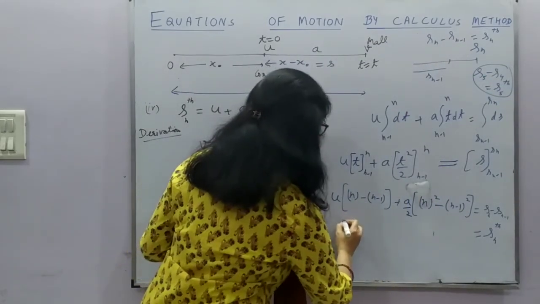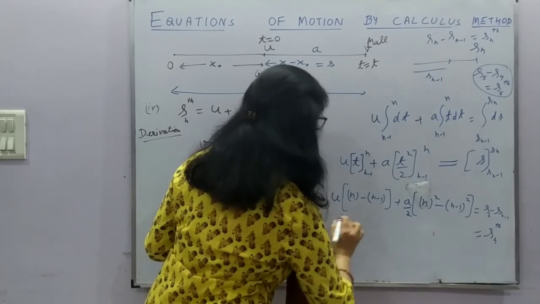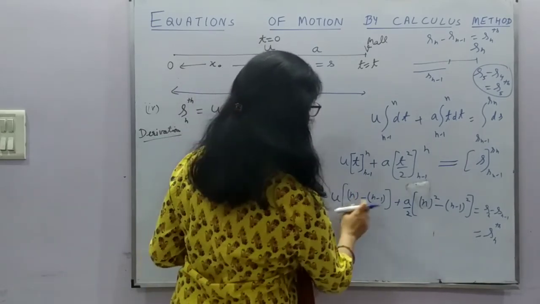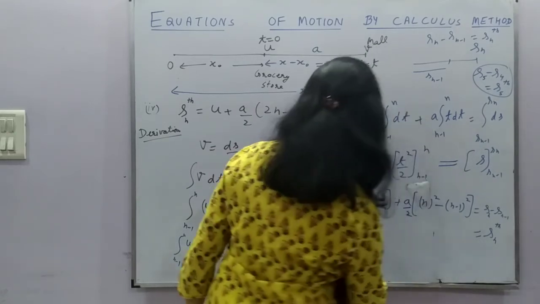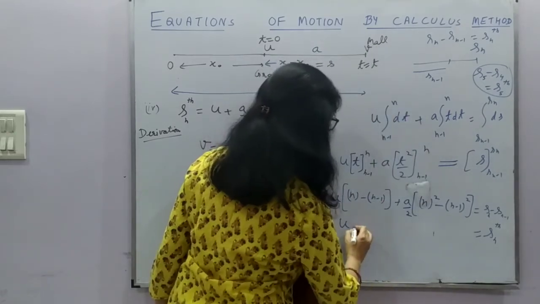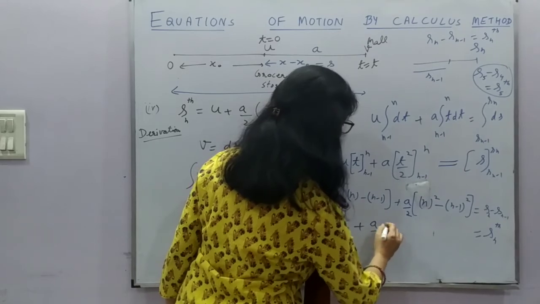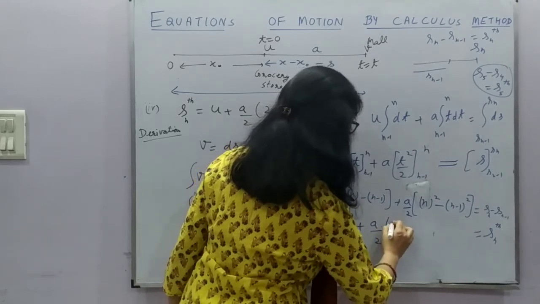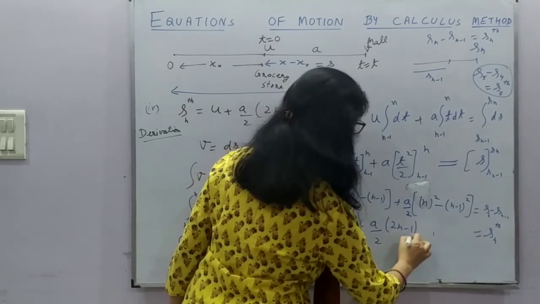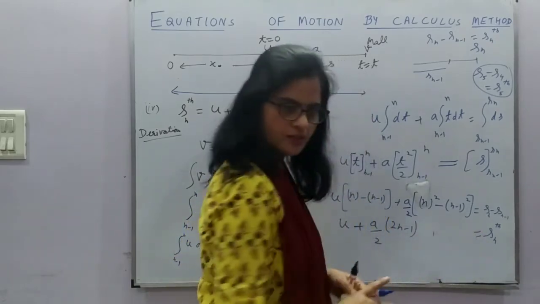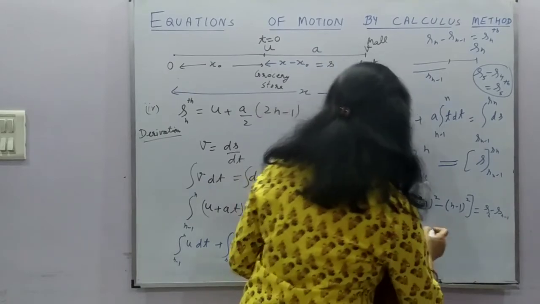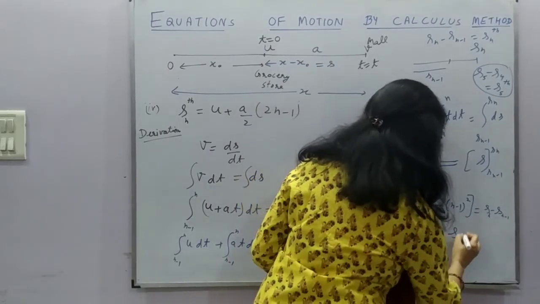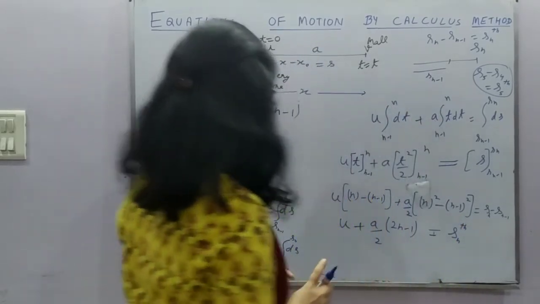So if we solve, this is cancelled. Only 1 will remain for u, and here a by 2, and when we solve it, this will be 2n minus 1. So this gives us the expression, the fourth equation of motion. This is equal to distance travelled in nth second, right?